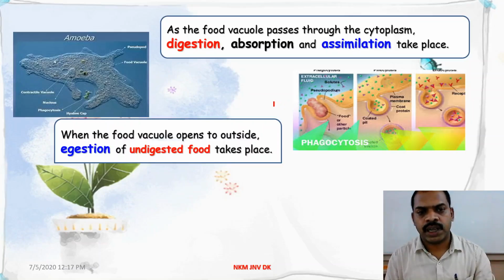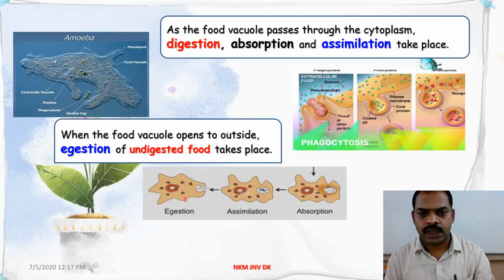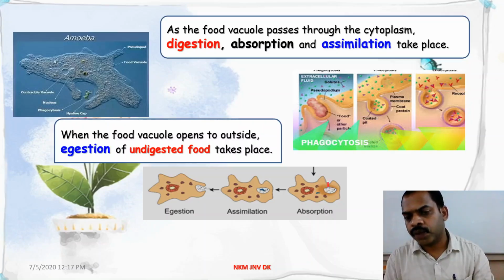The undigested food they will remove. So the steps again: when the food enters inside their body, what do they do? The digestive enzymes will be secreted into these vacuoles. Then it is properly digested. Then it is absorbed. The nutrients will be taken into the body, assimilated, used.